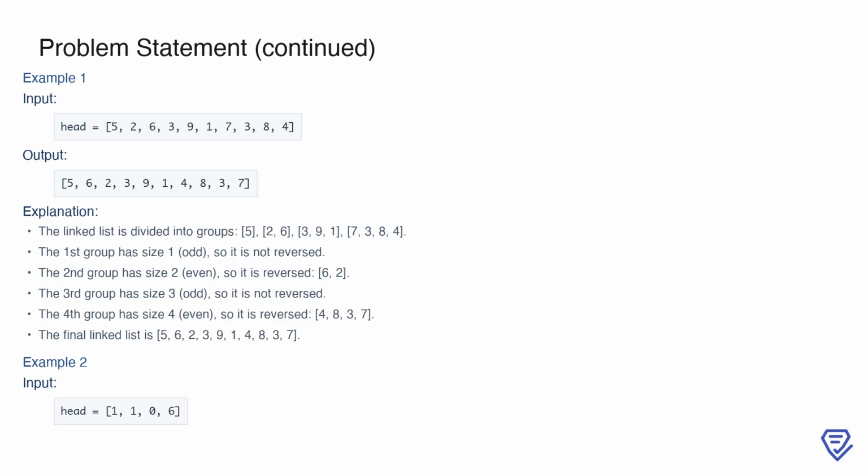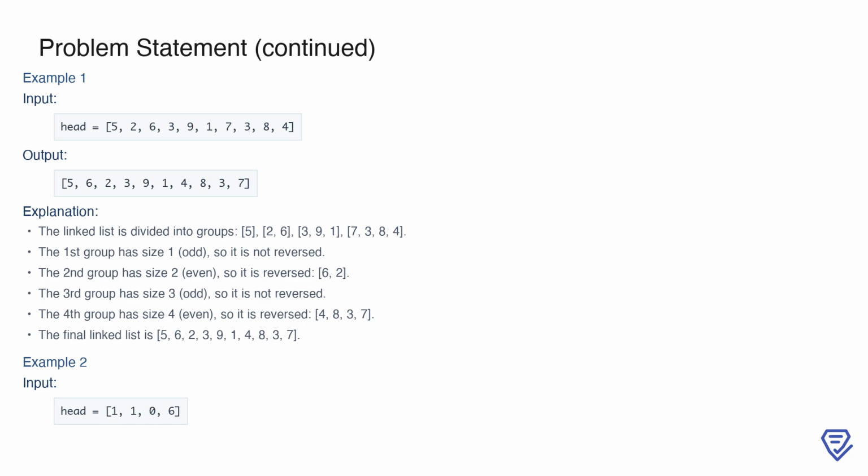We divide the list into groups based on their sizes. The first group has one node, the second group has two nodes, the third group has three nodes, and the fourth group has four nodes. Now, we examine each group to decide whether to reverse it. The first group, 5, has an odd size, so it is not reversed. The second group, 2, 6, has an even size, so it is reversed to 6, 2.